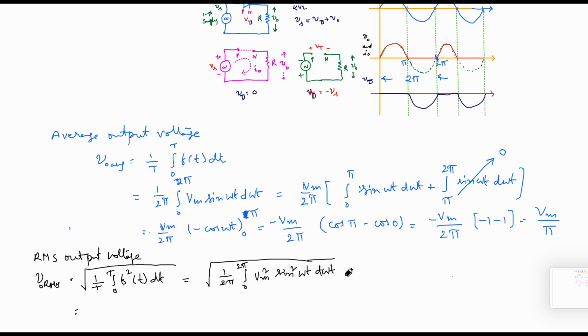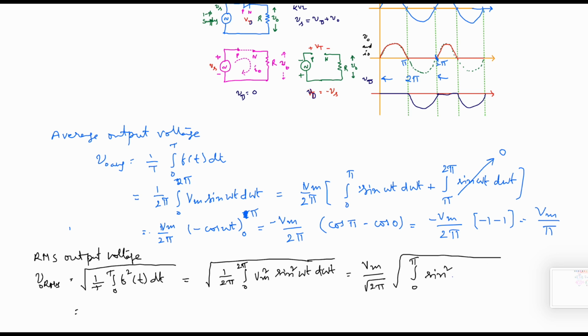If I take all things outside, Vm square I will take outside the integral and I want to take outside the square root also. So this will come as Vm square root of 2 pi, and only within the square, as we have already discussed, from 0 to pi, to 2 pi nothing is there. So I am taking only 0 to pi. So integral 0 to pi sin square omega t d omega t.